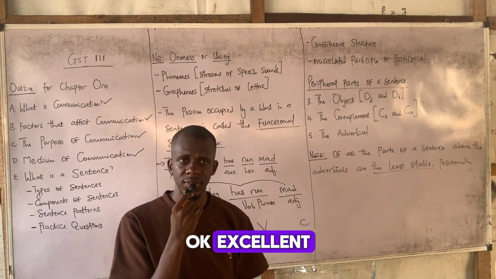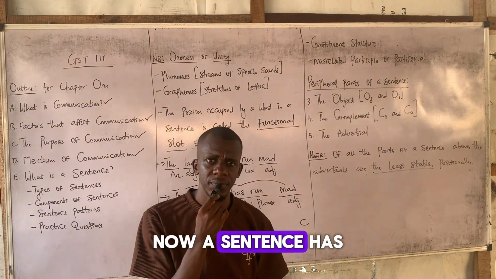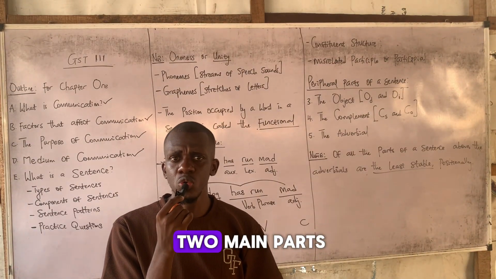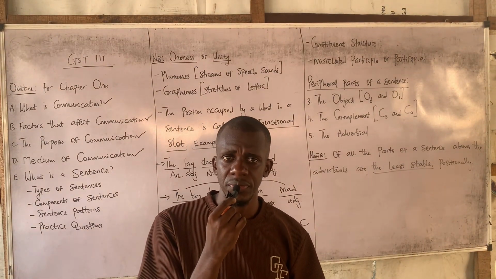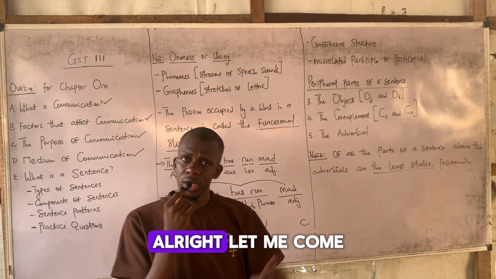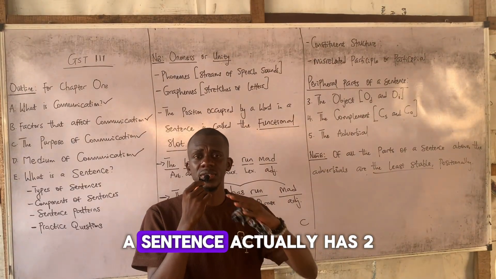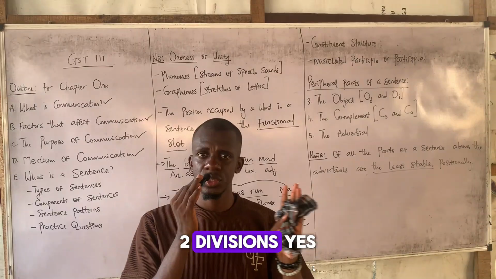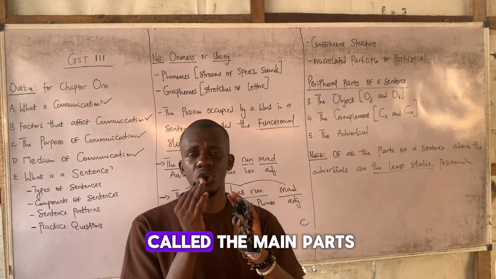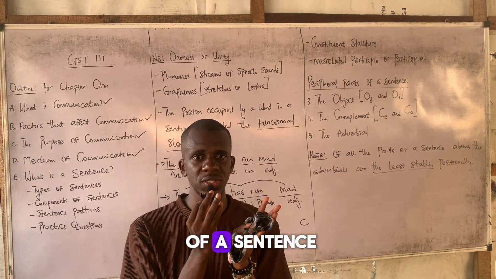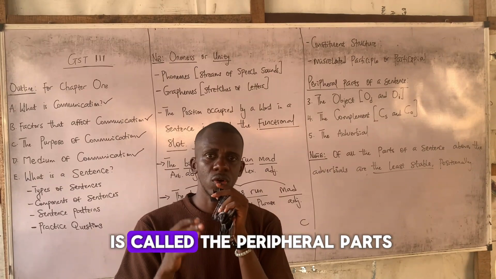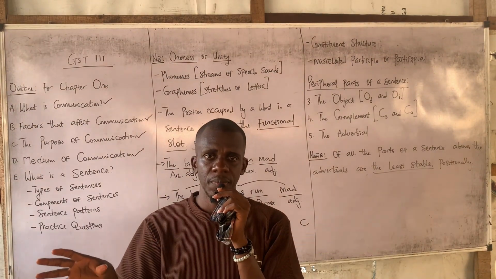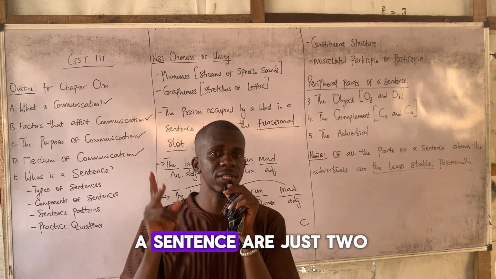Excellent. Now, a sentence has two main parts. A sentence actually has two divisions. We have what is called the main parts of a sentence, and we have what is called the peripheral parts. The main parts of a sentence are just two.